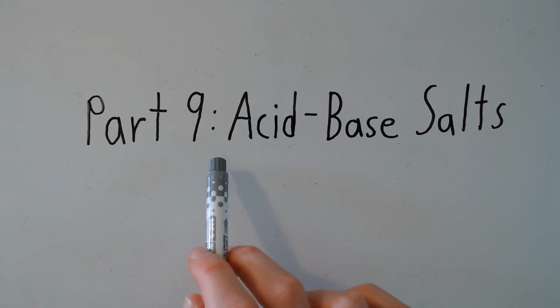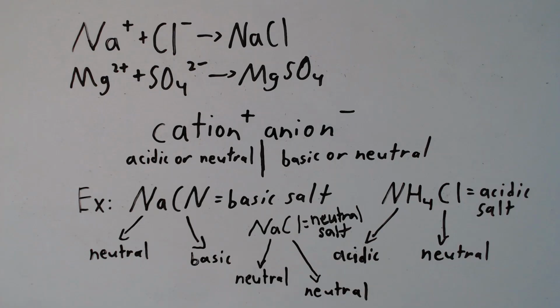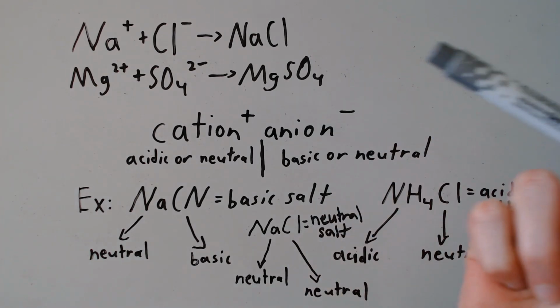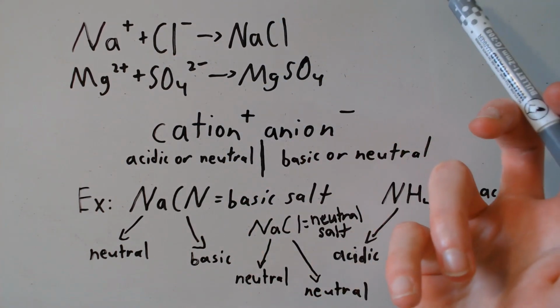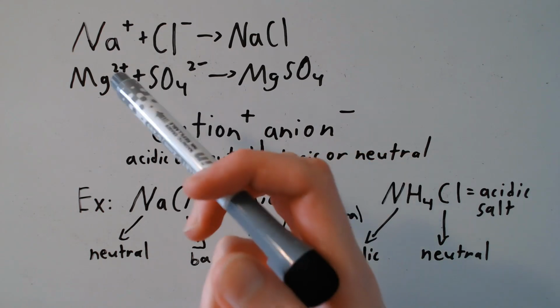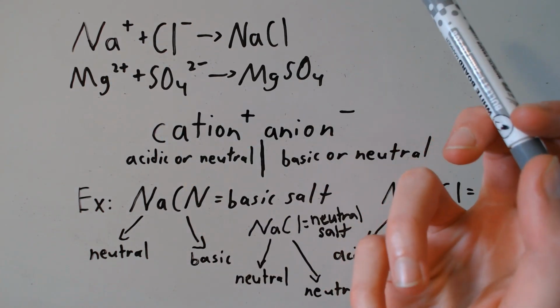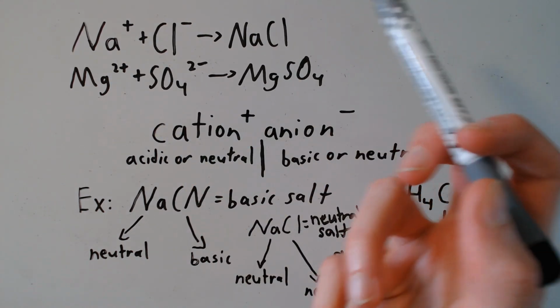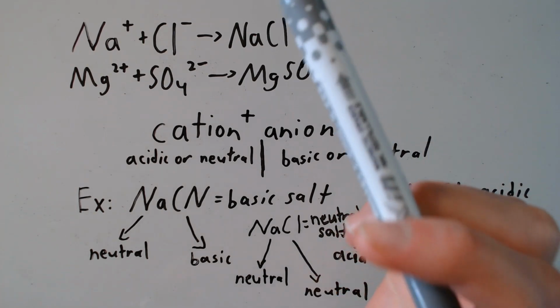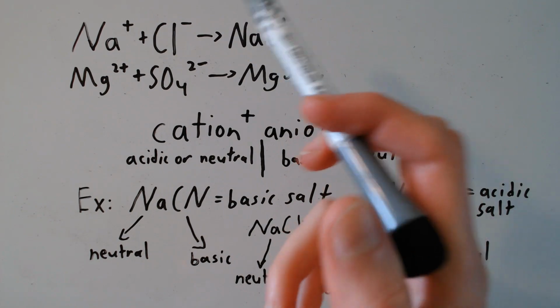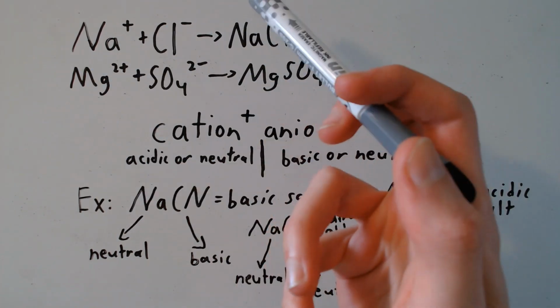Part 9. Acid-base salts. Sometimes there are certain salts that are acidic and certain salts that are basic. We call them either acidic salts or basic salts. Why is that? It's because a salt, we know, is an ionic compound.